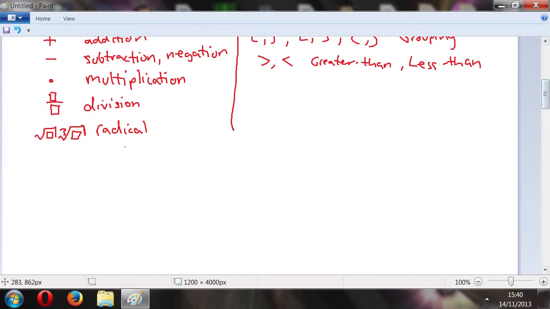So in general, we talk about terms, things which are added. So let's talk about adding like terms.